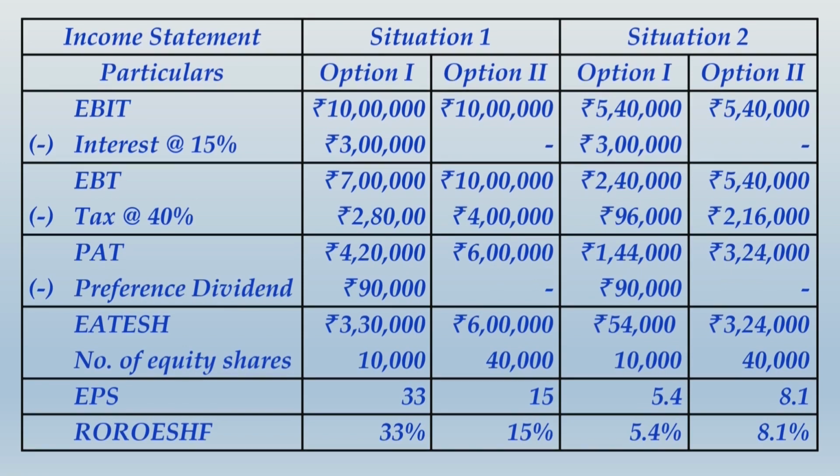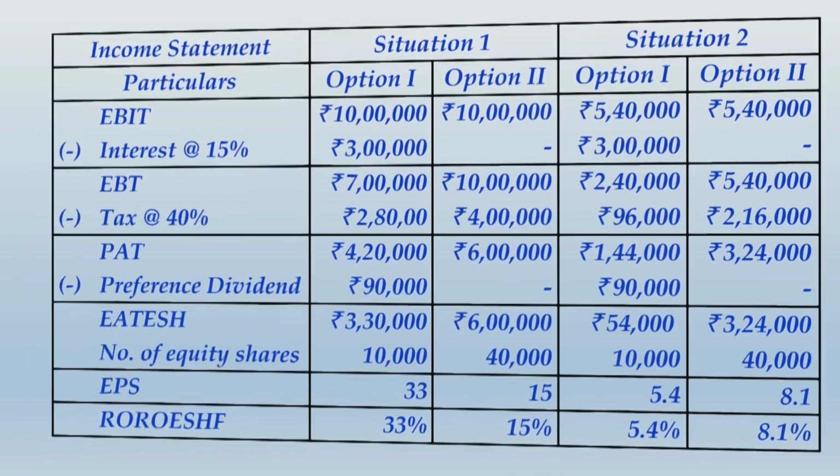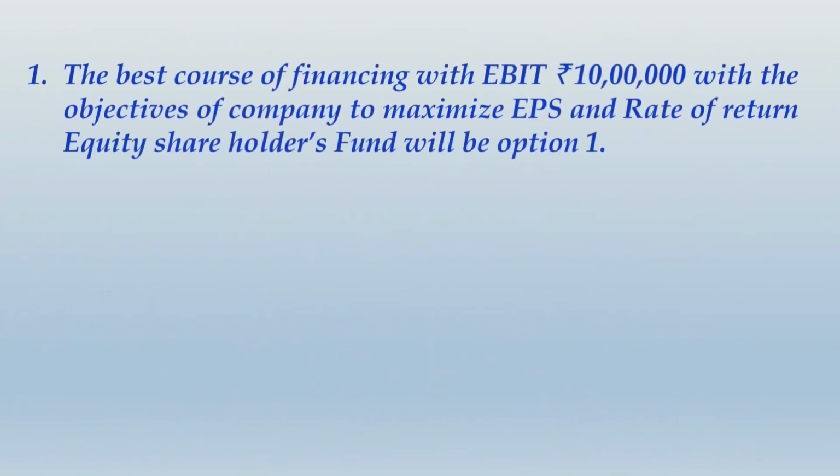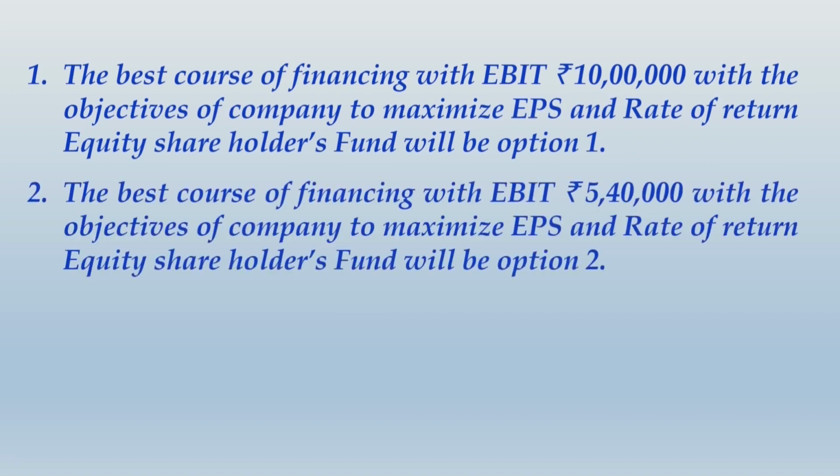I am sure all of you have completed writing this whole thing, and now let us conclude. I am sure you would have also concluded it exactly the same way. I don't have to explain this line of conclusion. I would just read it out for you. The best course of financing with EBIT as rupees 10 lakhs, with the objective of the company to maximize EPS and rate of return on equity shareholders' funds, will be option 1.